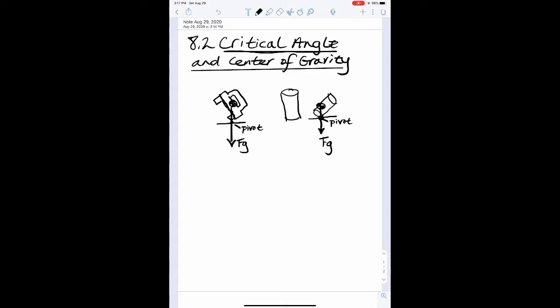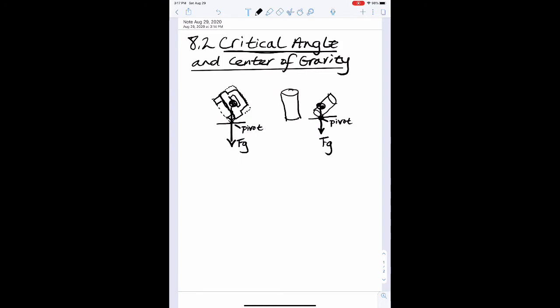And the angle that this happens at, let me see if I can make this clear. Say this object looked more like this rectangle I'm drawing, or square, around this car.